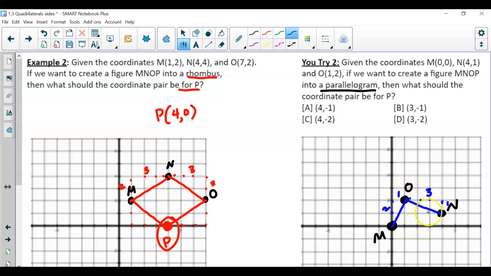So I'll go with the slope of negative 1/3. So down 1, 1, 2, 3. So now let's check to see if this creates our parallelogram with a slope of positive 2. So rise is 2 over 1. So here is point P, which is why the answer you should have gotten was B.